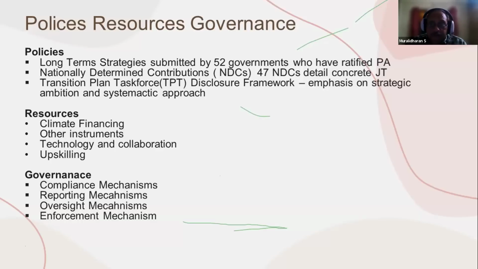This is something which is pending from most of the countries. What is the path they are going to take? What sort of approach are they going to take for just transition? If they don't take just transition, there will be cross migration from one country to another, or there may be chaos within the countries themselves.